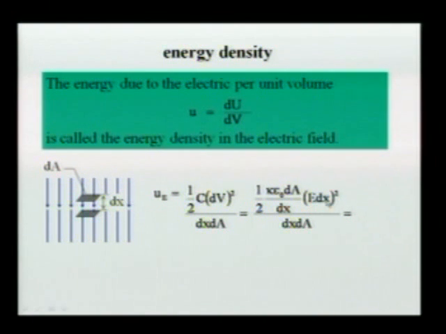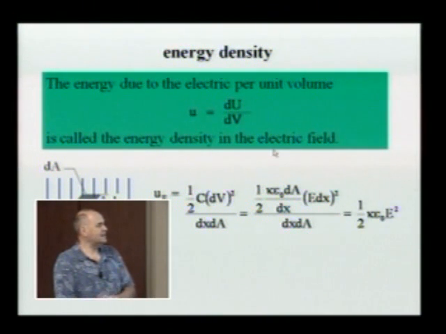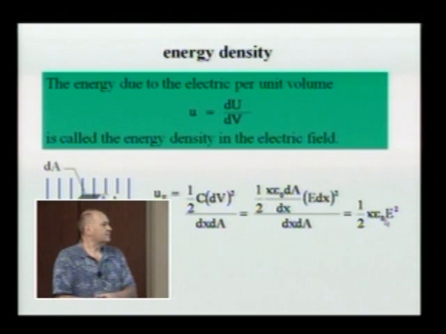I have dx squared over here. It cancels with this dx and it cancels with this dx. The area here cancels with this area. So the expression which is left is just 1/2 the dielectric constant of the medium, permittivity of free space, and the square of the electric field strength.